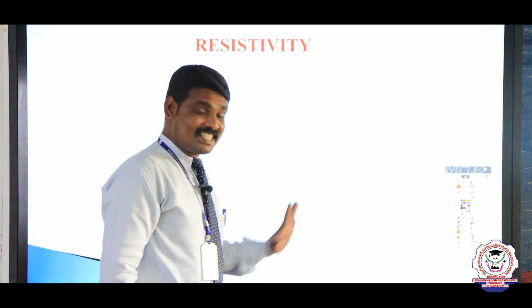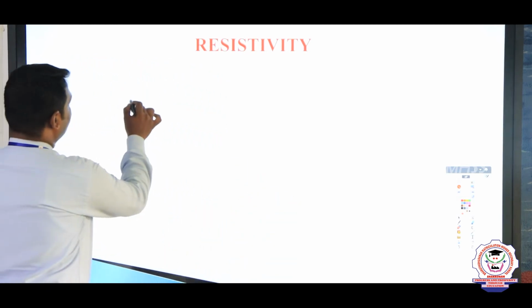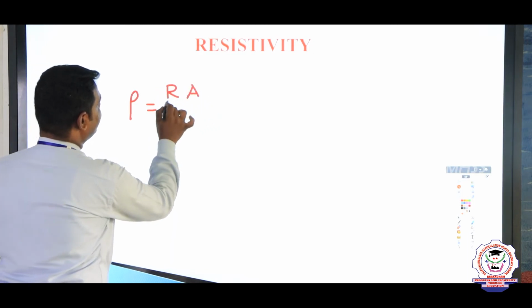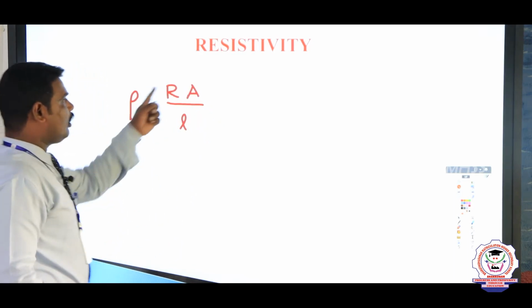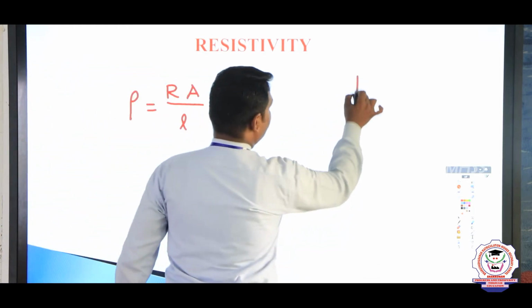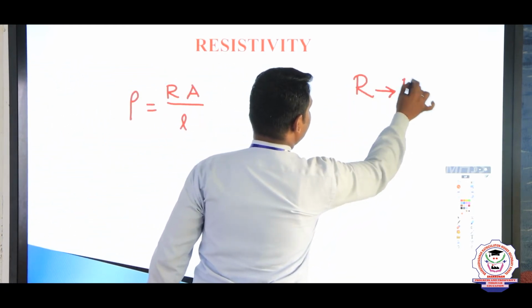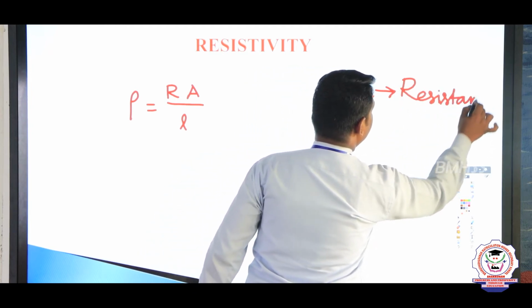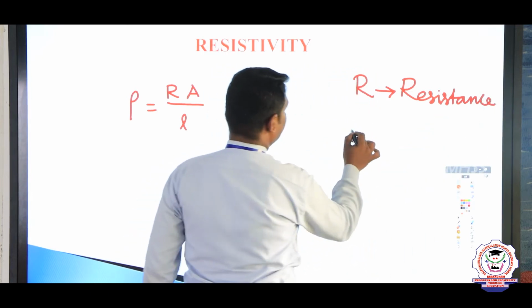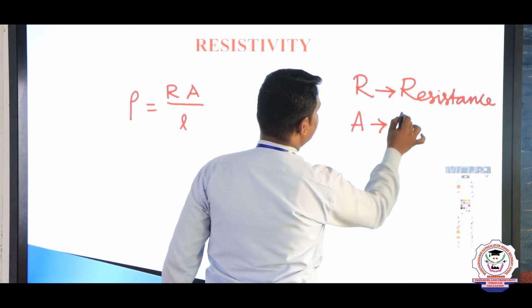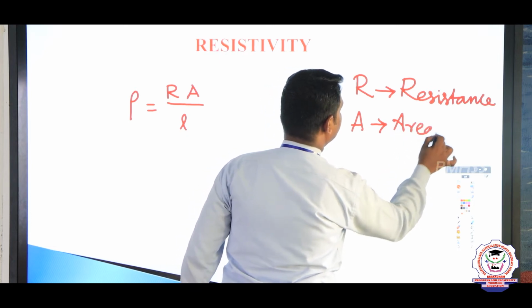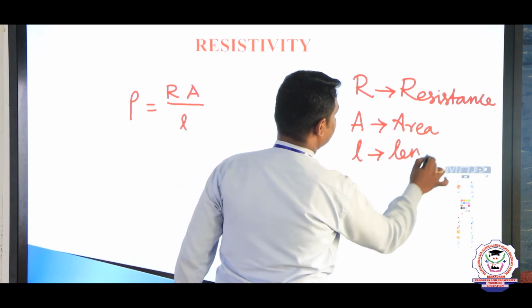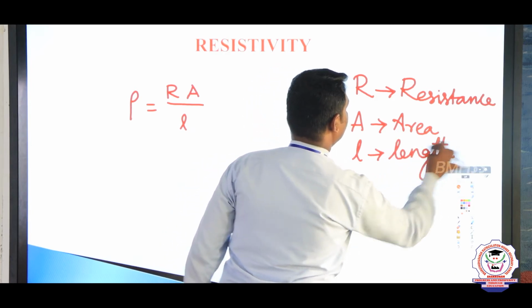The formula for resistivity is rho equal to R A divided by L. Here R is the resistance, A is the area of cross section, and L is the length.